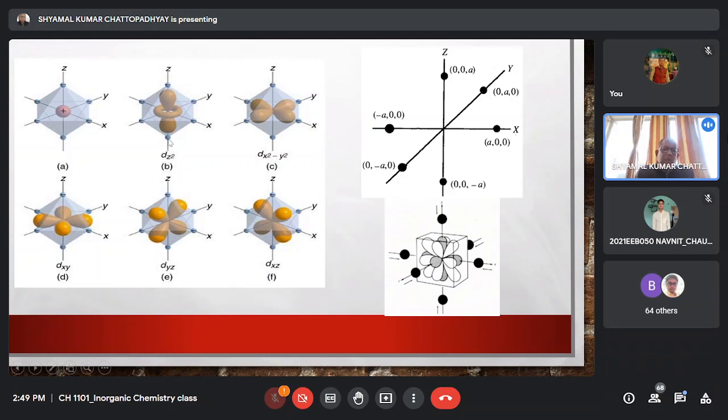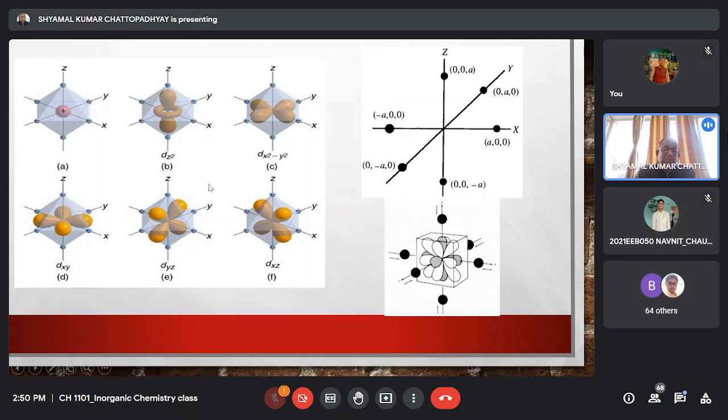This lobe directly faces the ligand situated at 0, 0, minus a, the negative direction of the z-axis. And this annular ring faces the electronic charges in the xy plane.